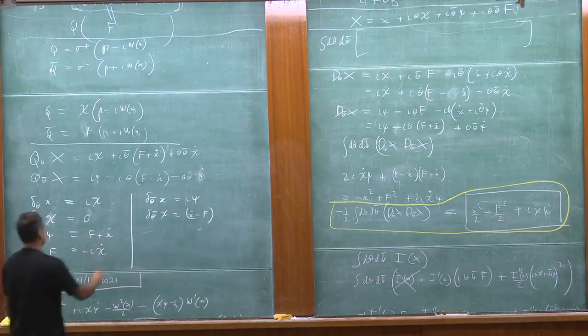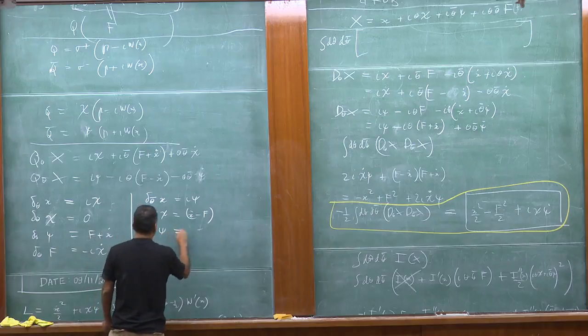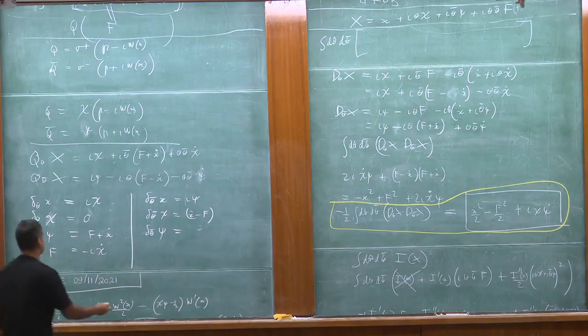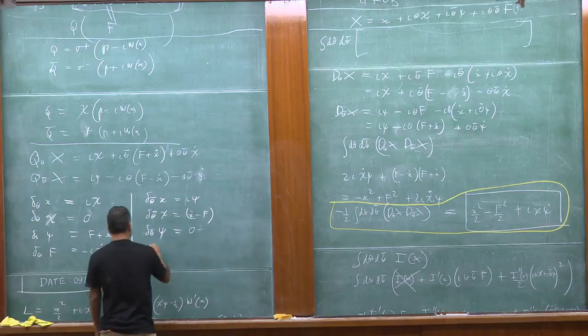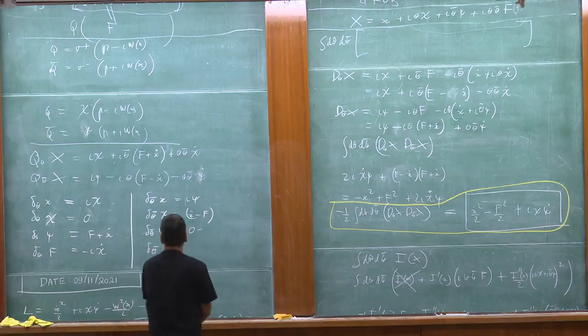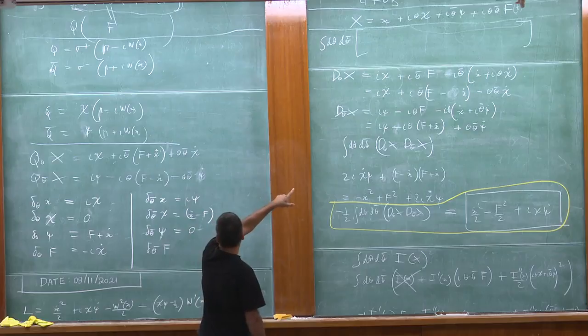Delta theta bar of psi is 0, and delta theta bar of f is equal to, okay, this one we need our wits about us, I psi dot.